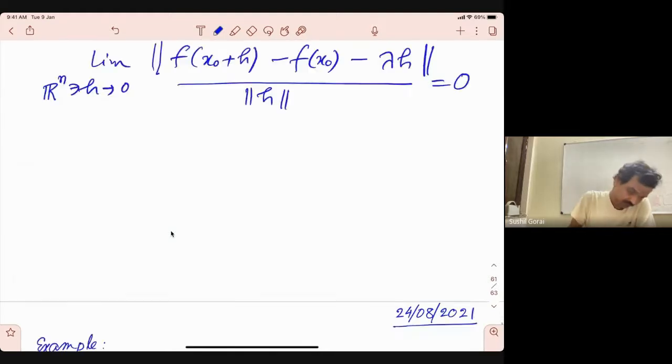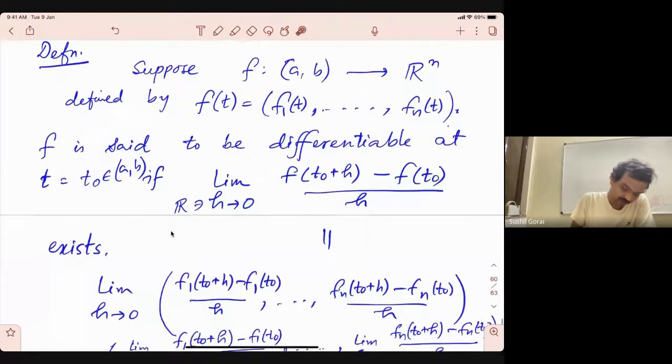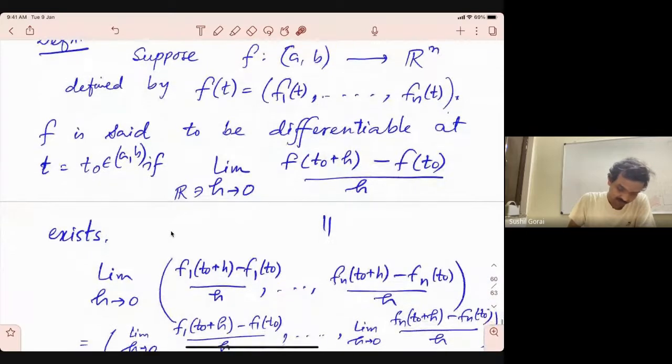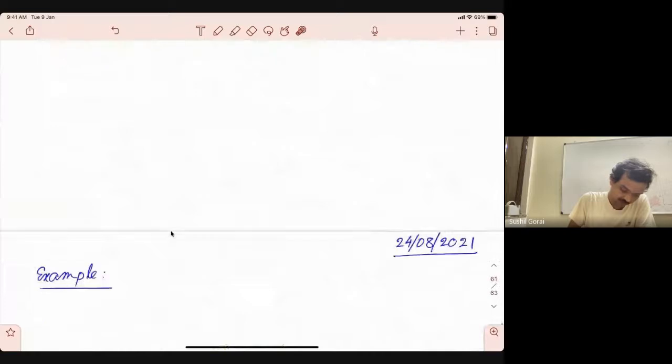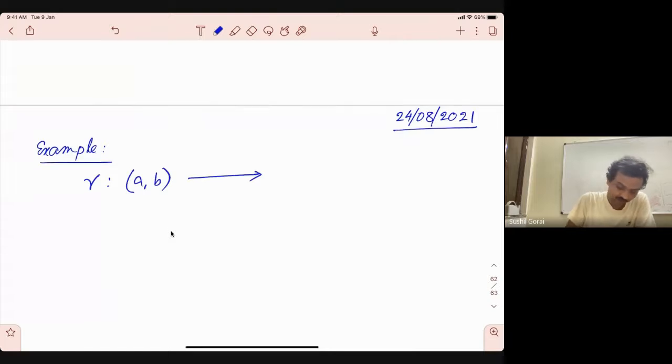So this part perhaps you have seen, right? What is the physical interpretation of this? If you look at, let's say, gamma from an interval (a, b), you can put closed, it doesn't matter, we will not consider the endpoints, to R3.